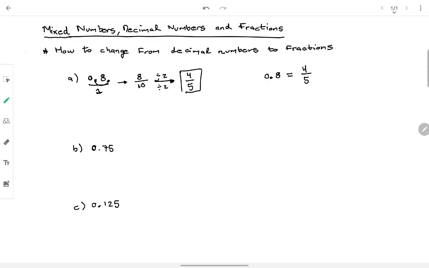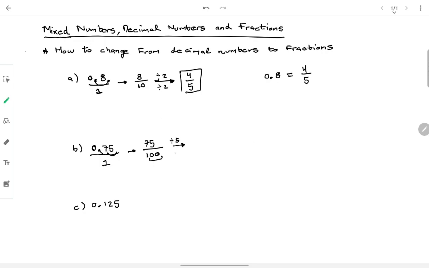Let us see another example. If we have 0.75 divided by 1, that means we are going to move the point 2 spots, so it will give us 75 over 100 because we move the point 2 spots. So we can divide this and simplify it.